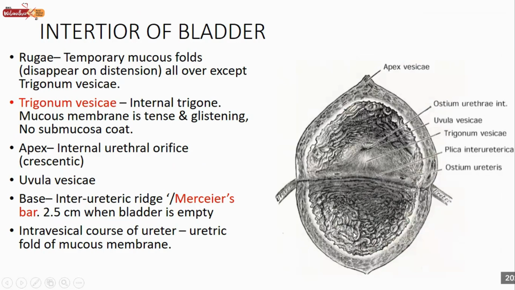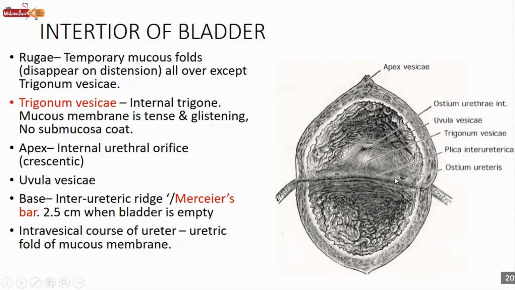These folds, the rugae, disappear when the bladder distends. There is one area in the interior which is not showing rugae or folds.